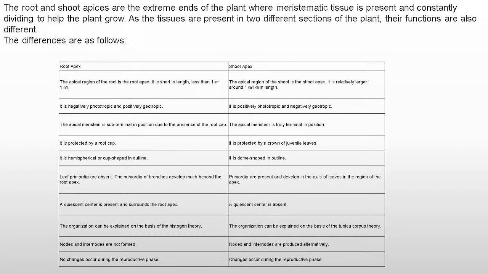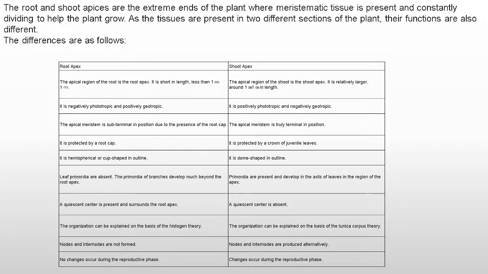Root apex is negatively phototropic and positively geotropic. Shoot apex is positively phototropic and negatively geotropic. The apical meristem in case of root apex is subterminal in position due to the presence of the root cap, whereas the apical meristem in shoot apex is terminal in position.